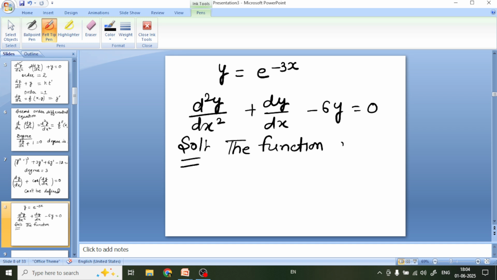The function given is y is equal to e raised to power minus 3x. This is the function given in the question.